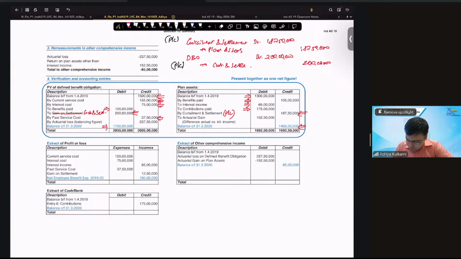What is your balancing figure? This one: actuarial loss, and here there is an actuarial gain. Are we okay with this? Yes, sir. Good.